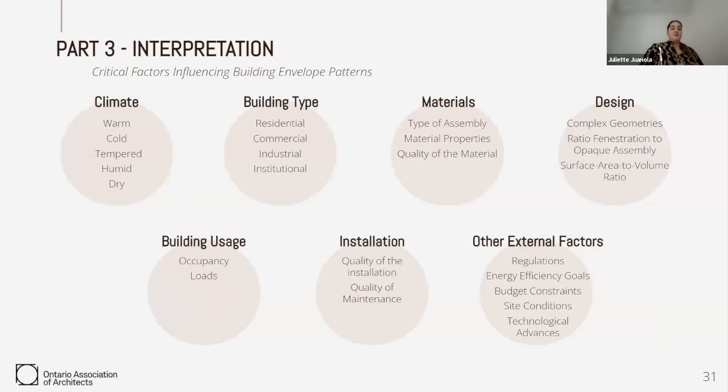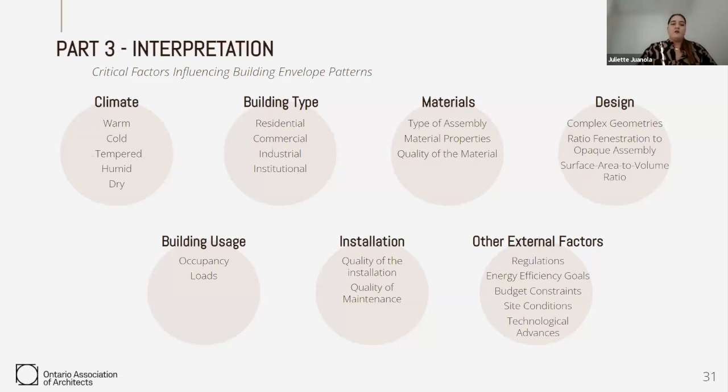Okay, so there are many factors that can influence building envelope patterns. A few of them are listed here, such as the climate, the building type, the materials, the design, the building usage, the installation, and many other external factors. And this slide is really to insist on the importance of data collection, collecting useful types of data to gain a holistic understanding of the building and the way it works.